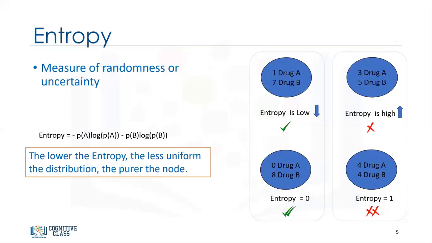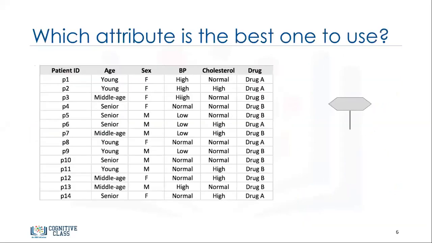You can easily calculate the entropy of a node using the frequency table of the attribute through the entropy formula, where P is the proportion or ratio of a category, such as drug A or B. Please remember, though, that you don't have to calculate these, as it's easily calculated by the libraries or packages that you use.